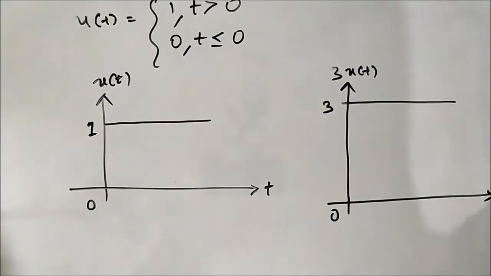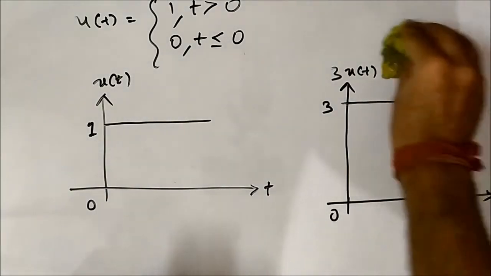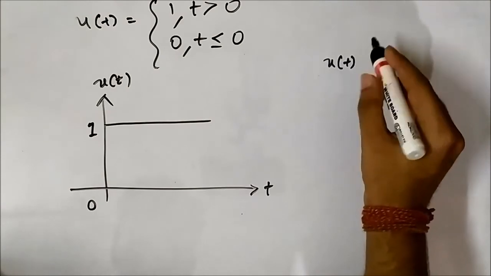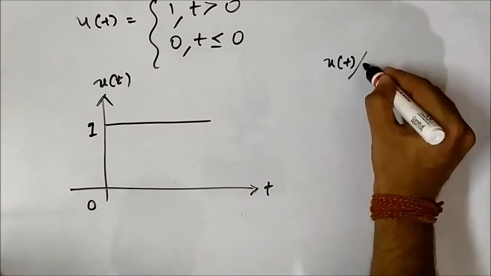Similarly, let us say we want to scale it down. Let's say u(t) by 2.